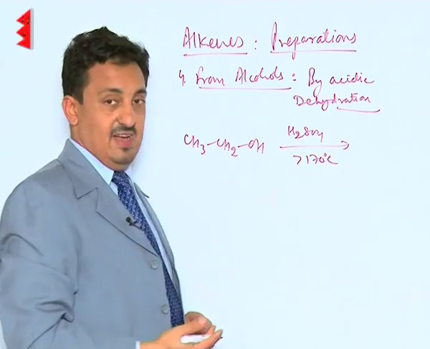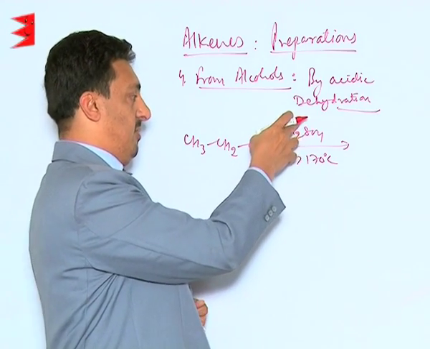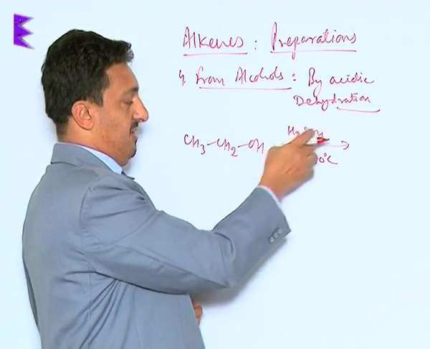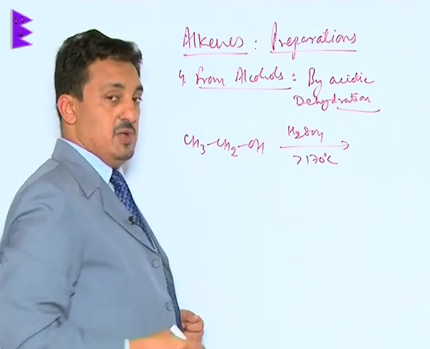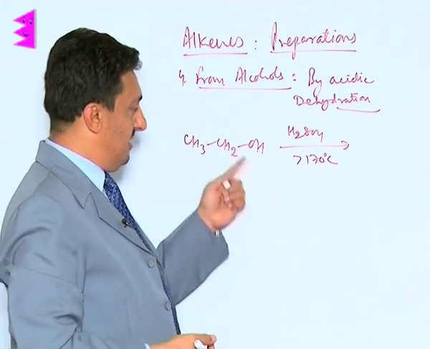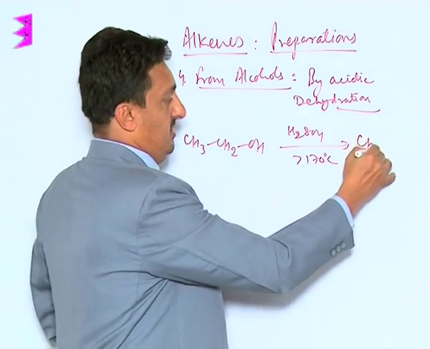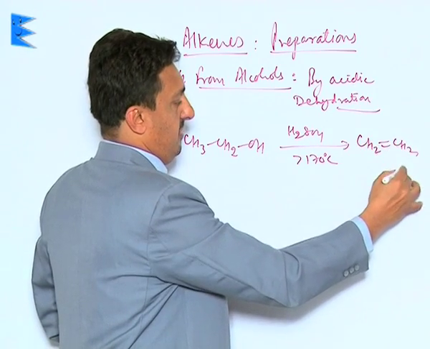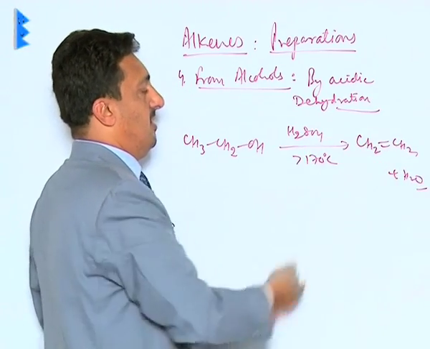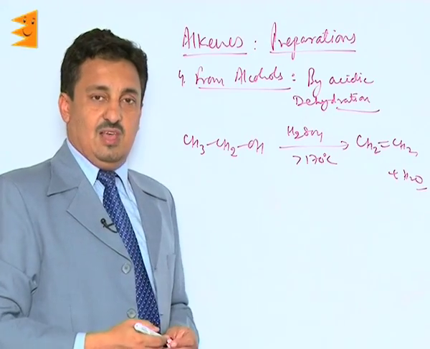That's why it's called acidic dehydration, where hydrogen from sulfuric acid attacks this OH, makes it an oxonium ion, which leads to its elimination, giving us CH2=CH2 plus water. So any alcohol on acidic dehydration gives alkene.